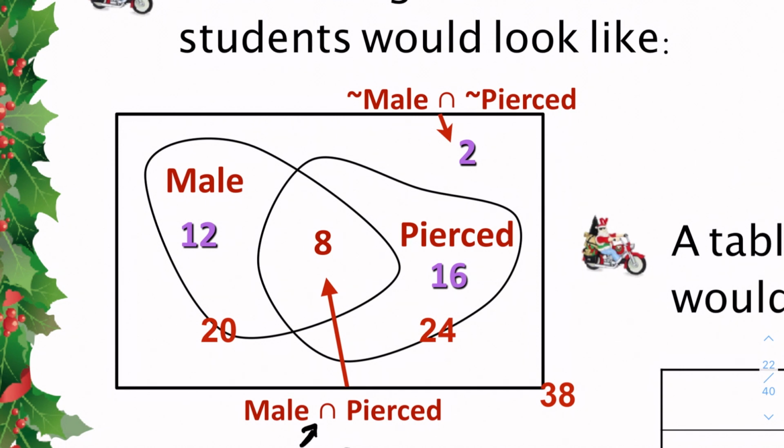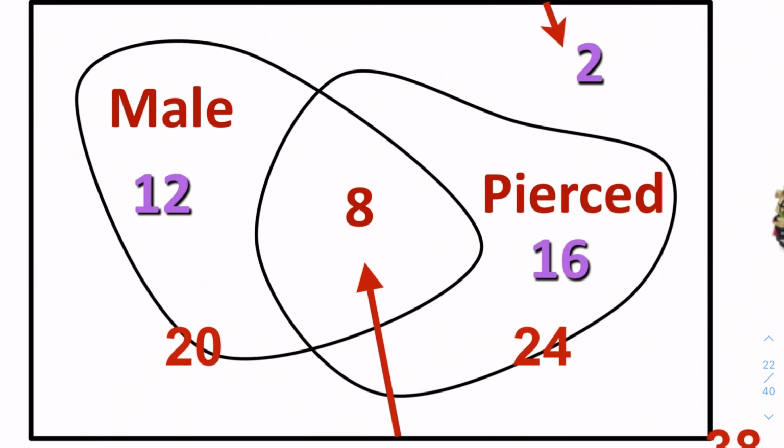It is 8. So what I highly suggest is you always start with the overlap first. So we know that there are 8 males with pierced ears, which means that there are 12 males that don't have pierced ears. This is male and not pierced. Then we have 24 people that have pierced ears.